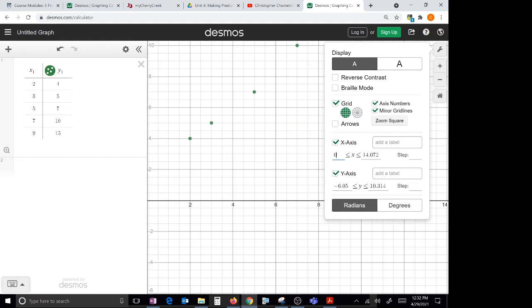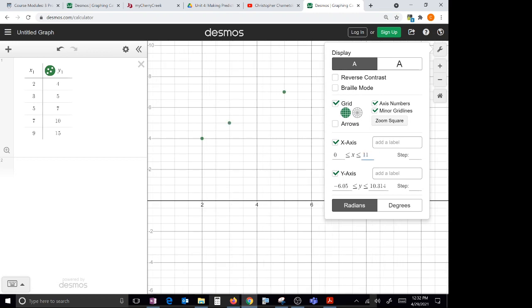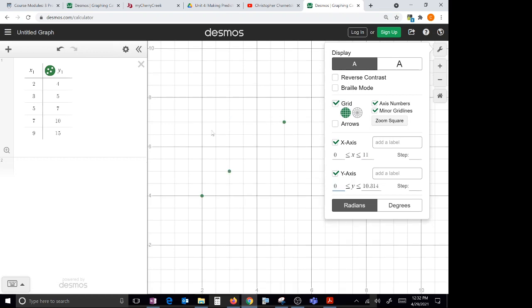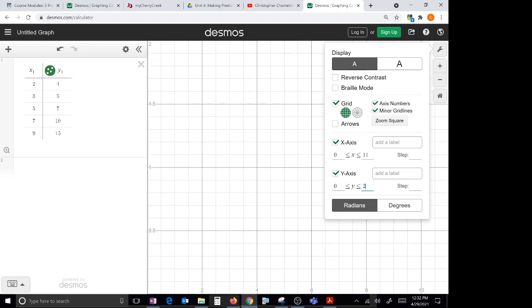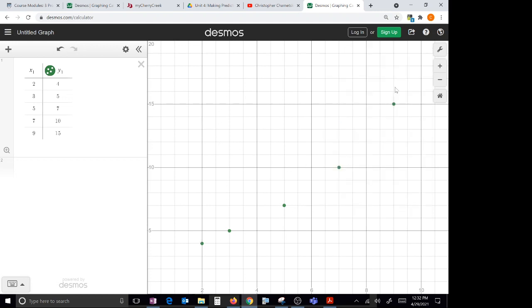And our highest value for x is 9, so maybe we go to 11. Then we do the same thing for y. Our lowest y is 4, so maybe we'll make 0 our y again. And our highest y is 15, so maybe we go to something like 20. That way I've got all of my data points.